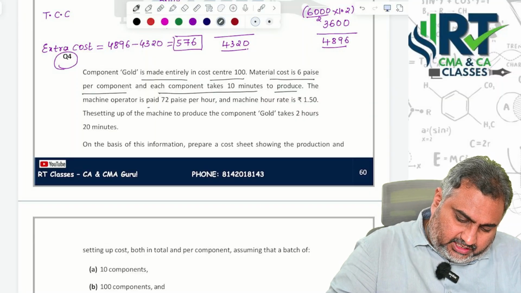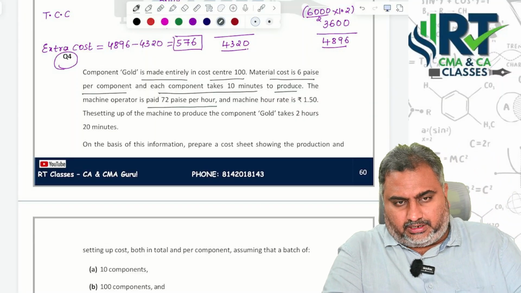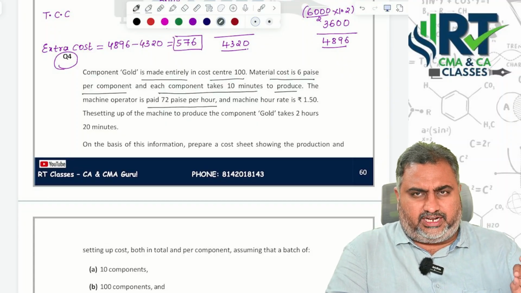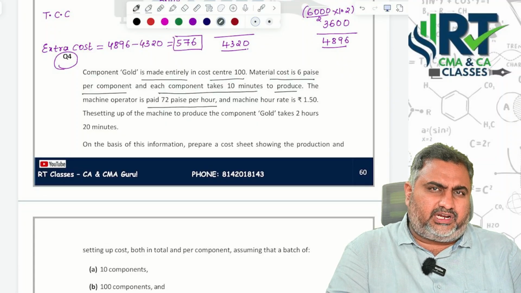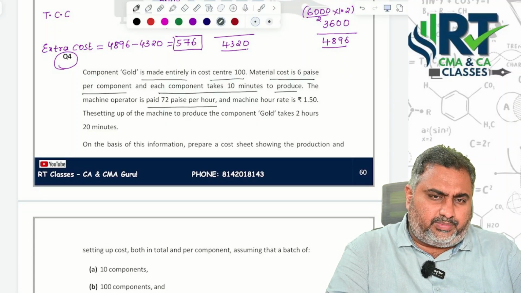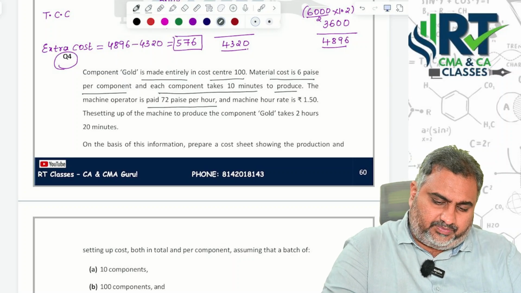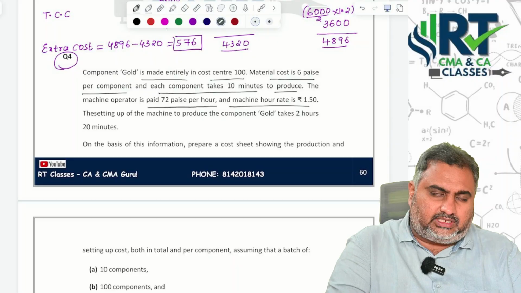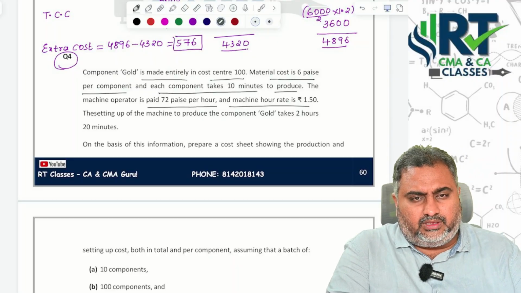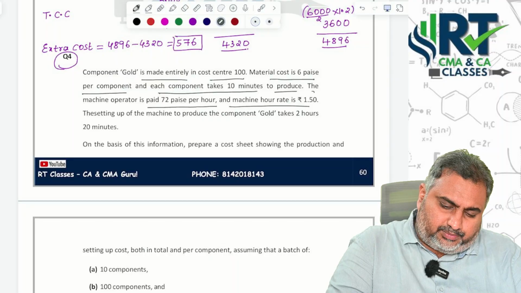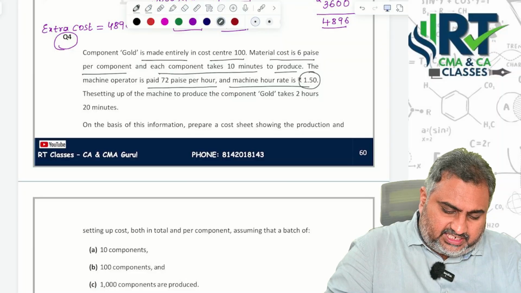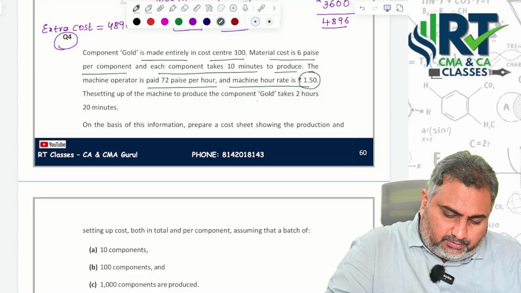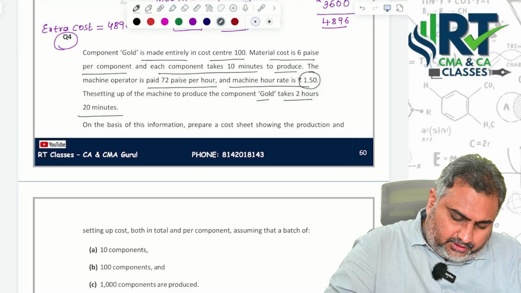The machine operator is paid 72 paisa per hour. So for one component, how much time is required? 10 minutes. If the operator works 1 hour, how much will I pay? 72 paisa. What about setup? You require a machine. Per machine, how much do you need to pay per hour? 1 rupee 50 paisa.